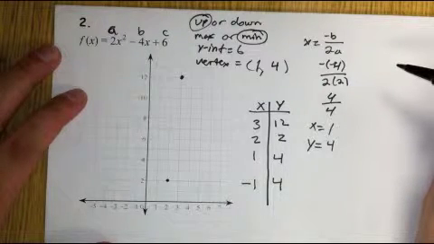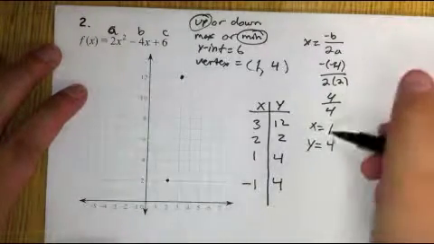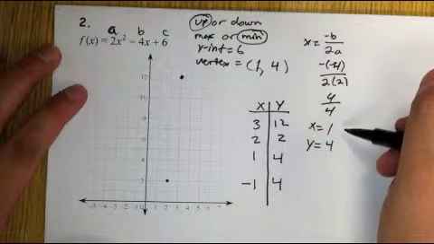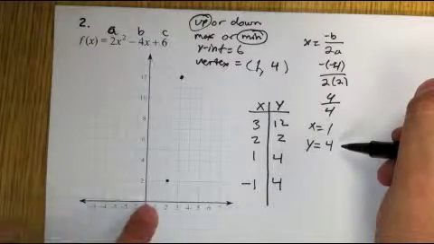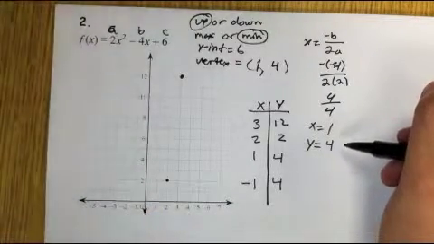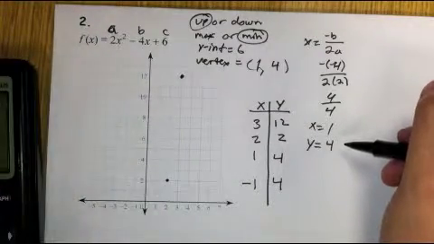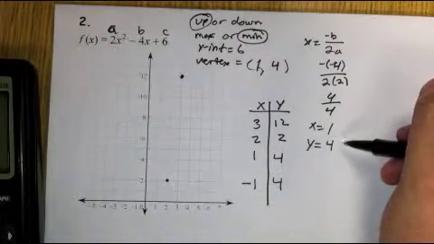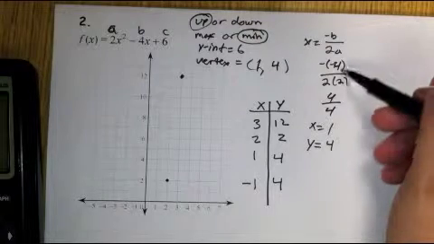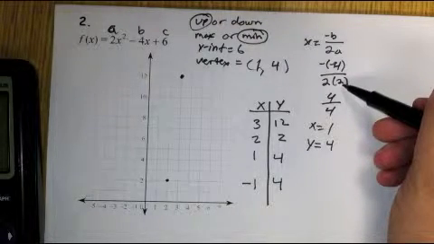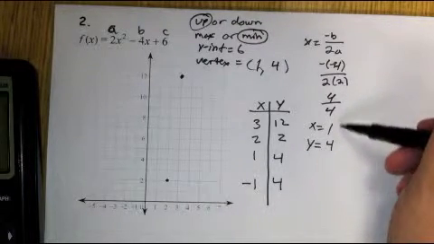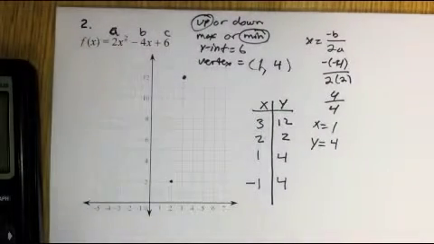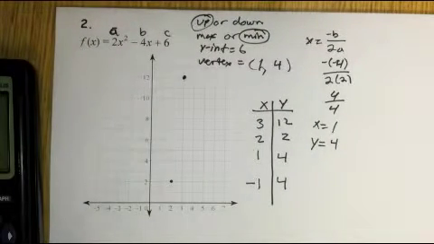Our vertex. Oh, that's not right. Yep. 1, 4. Oh, guys, I must have done something wrong. Hold on. You can yell at the teacher in a minute.